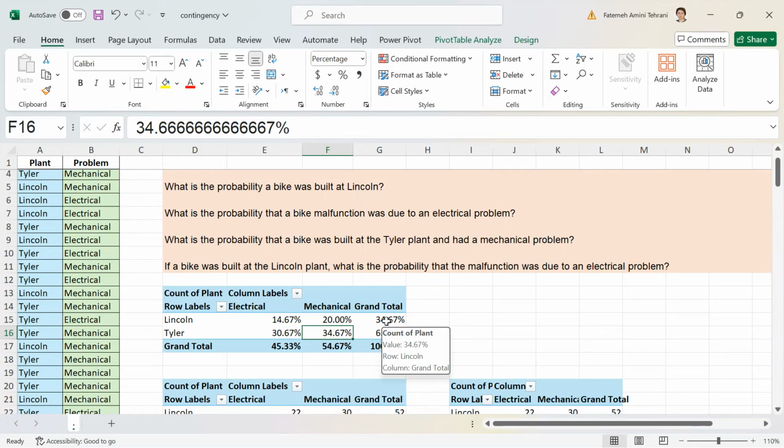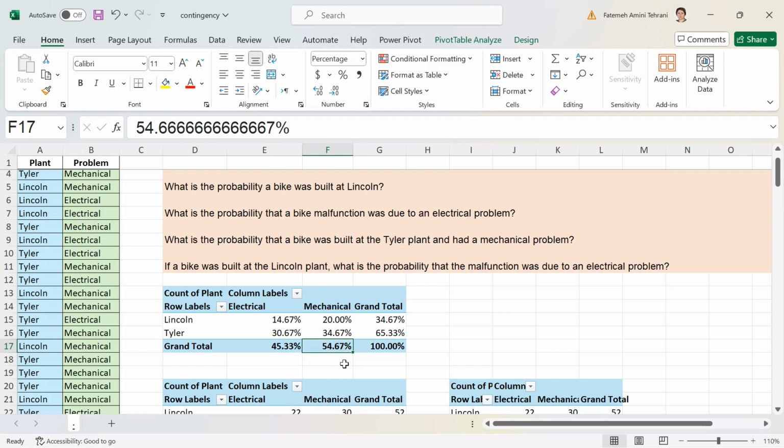Also, we have marginal probabilities. It's P of Lincoln, the probability that a bike was built in Lincoln plant. It's the probability that a randomly selected bike was built in Tyler plant. What about this number? 45.33%. It's the probability that a randomly selected bike has an electrical problem.